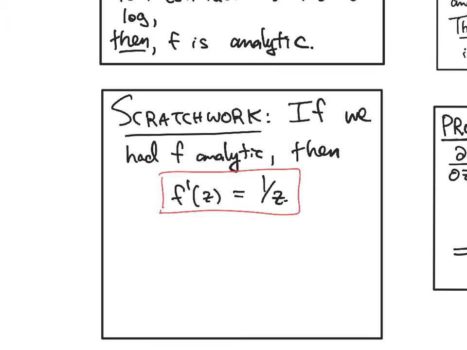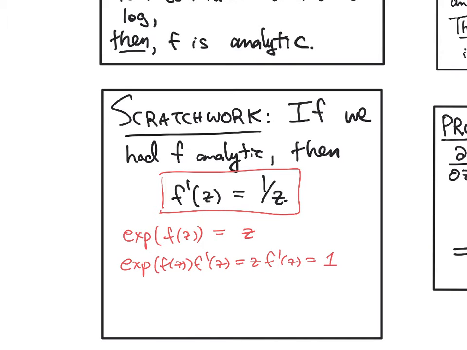That's just because if I have f holomorphic satisfying this equation, then you can just solve that. If you take the derivative of both sides, we'll get exp of f, which is z, times f prime equals 1.